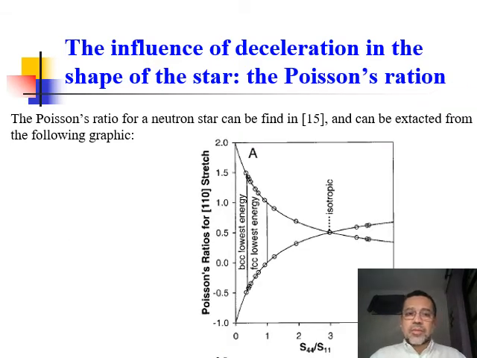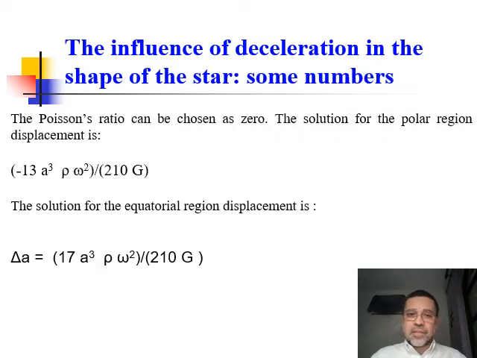This is also the Poisson ratio for neutron stars, and we are going to adopt the isotropic position, and the Poisson ratio then is equal to 0.5. Put those numbers in the equation and you have the solution here. The solution for the equatorial displacement is given by this delta A equal to this number.